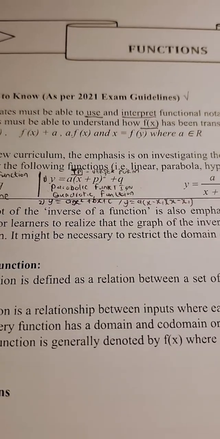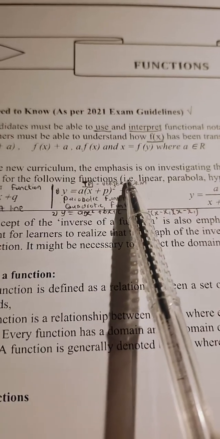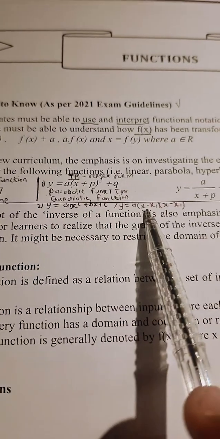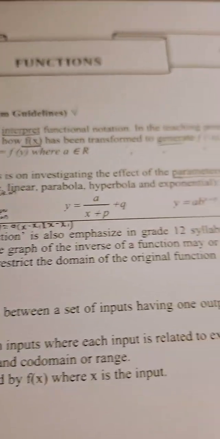So I hope we all understand that now. For your parabola, you have three possible forms: your turning point form, your quadratic standard form, or your x-intercept form. Three different forms that you can potentially see your quadratic function being represented as.